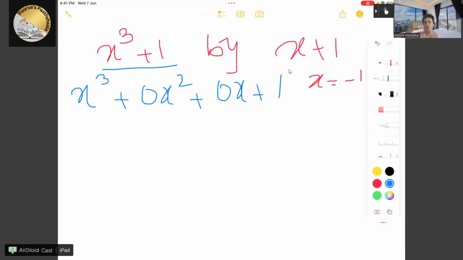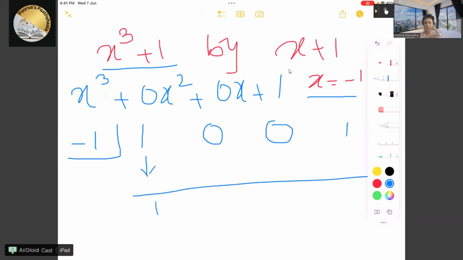Now again, I follow the rest of the procedure, which is similar. I have my x equal to minus 1, which means that my minus 1 is the divisor. I write it here. Then I write the coefficient of x cube, which is 1. Coefficient of x square is 0. Again, the next coefficient is 0. And the last coefficient is 1. I take down this first 1 as it is.